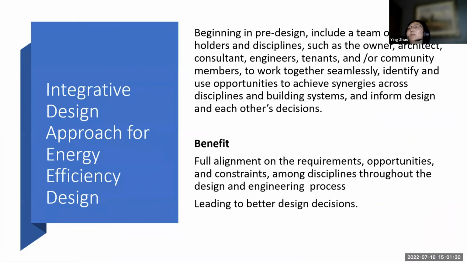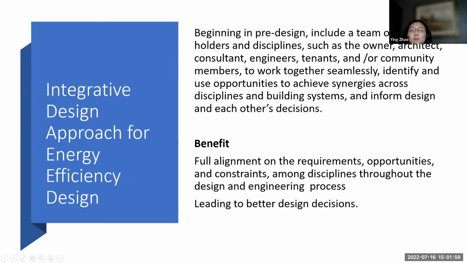This method begins in pre-design and includes a team of multiple stakeholders and disciplines, such as the owner, the architect, maybe a green building consultant, engineers, tenants, and community members, to work together seamlessly to identify opportunities to achieve synergies across the disciplines and building systems, and inform each other's decisions.